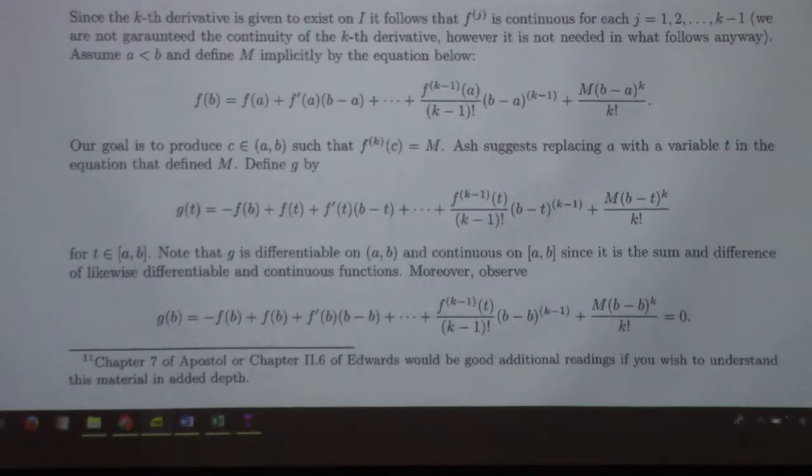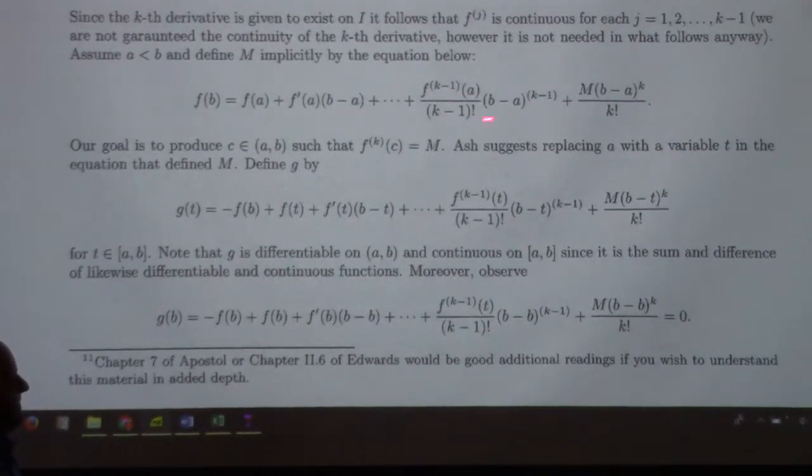What happens when you plug in A into this formula? It's a little bit more complicated, but if you plug in A, it's also equal to 0 because of how M is defined implicitly by this equation up here.